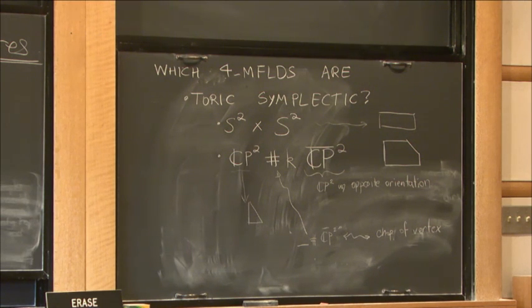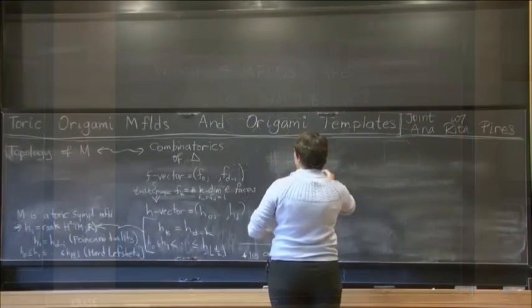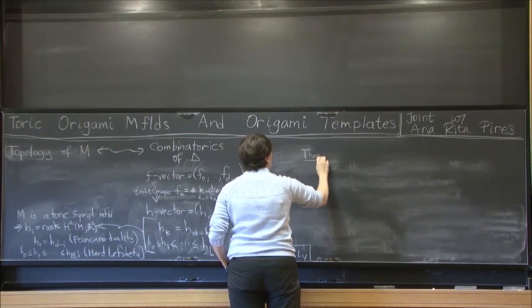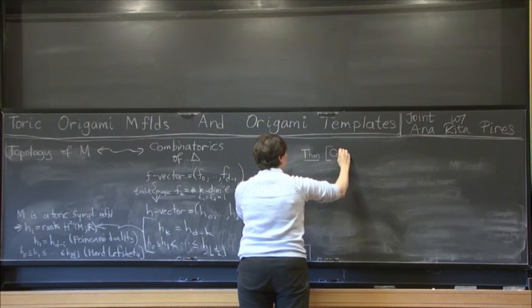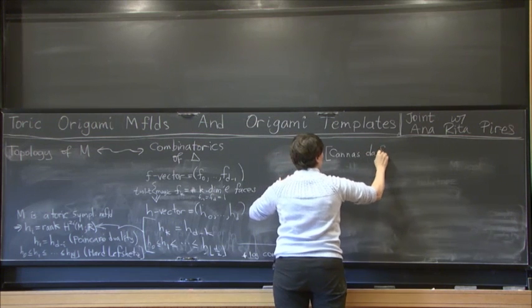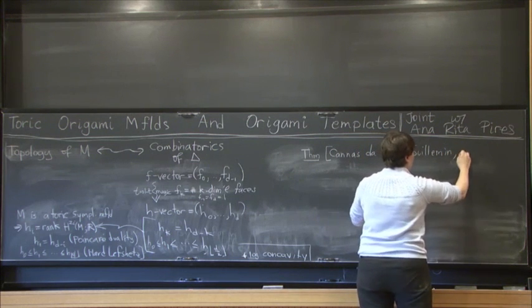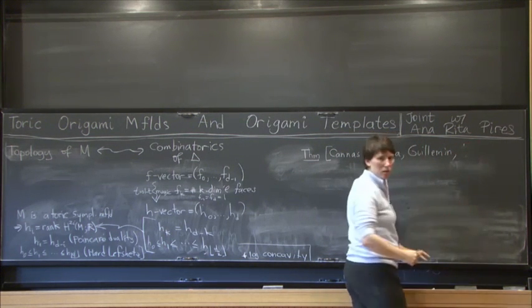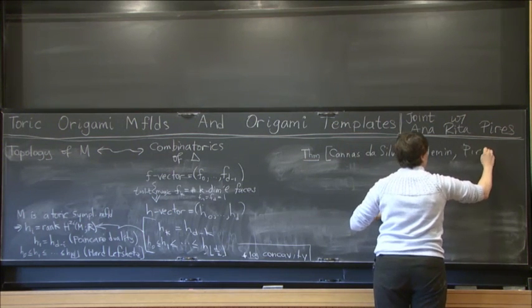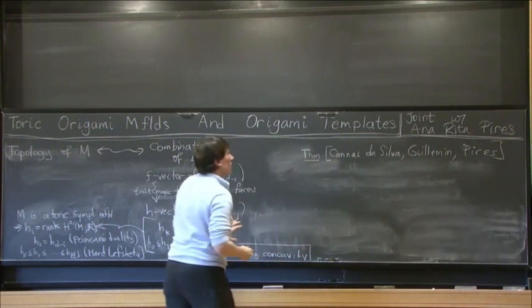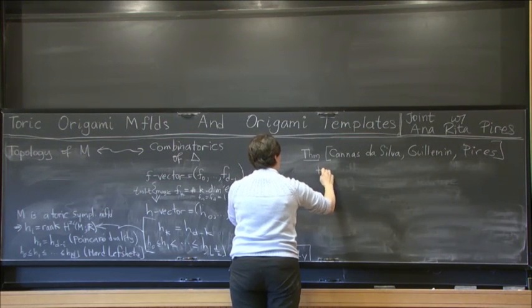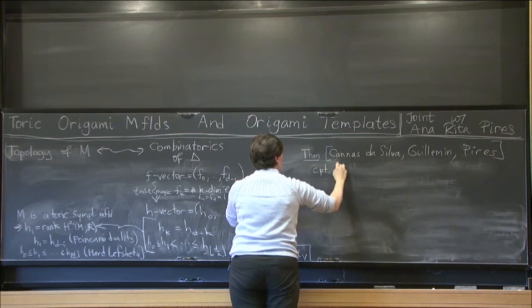Now what I want to do is motivate toric origami manifolds by the theorem. I can erase this for right now. Log concavity I'll leave there, but it's not going to be true. The theorem is due to Ana Cannas da Silva, Victor Guillemin, and Ana Pires: compact toric origami manifolds are in one-to-one correspondence with origami templates.